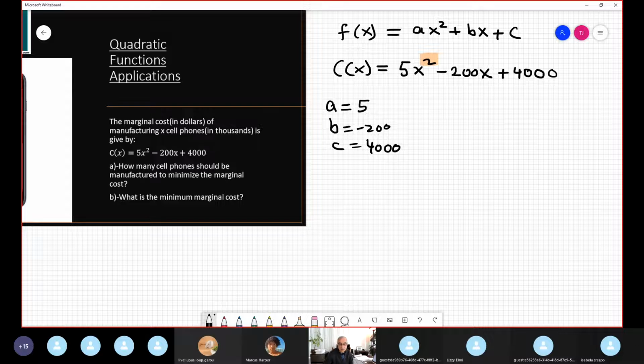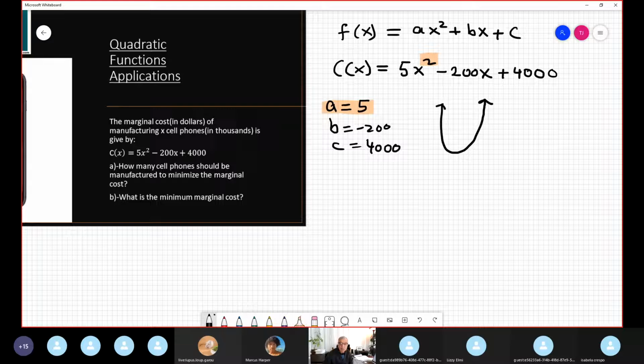So this is the parabola. But in what direction does this parabola open? Open up or open down? Up. Because in this case, the a is positive. This is the only parameter that controls the direction, guys.